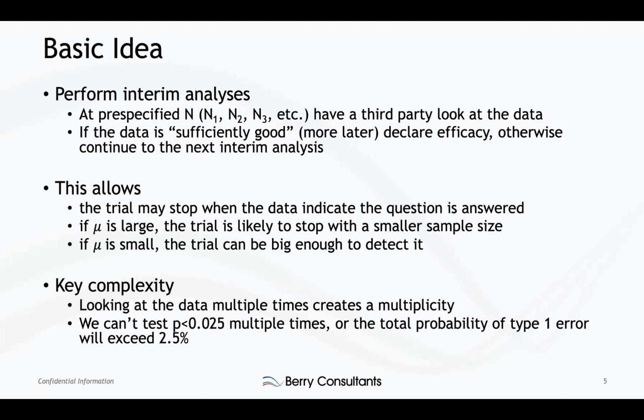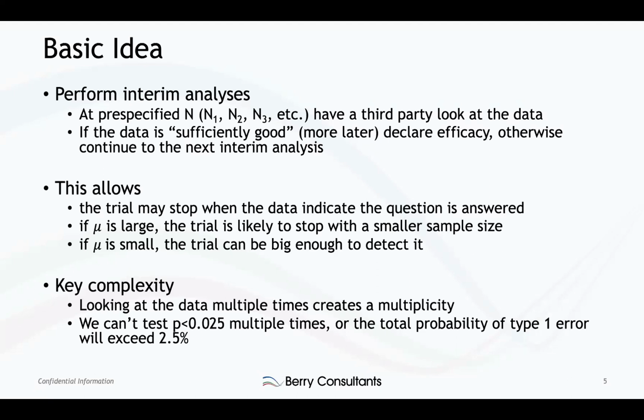So I'm going to perform interim analyses. At pre-specified N1, N2, N3, I'm going to have a third party look at the data. Usually in confirmatory trials, you try to maintain the blind. So this is done by a third party who would not report back the actual trial results. They just report back either you won, you lost, or you should continue.